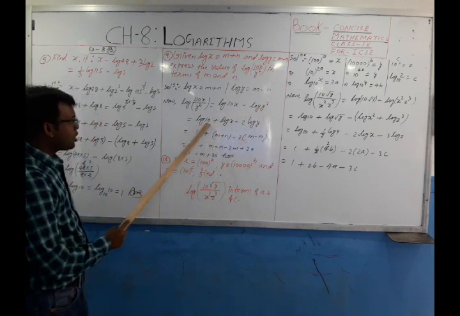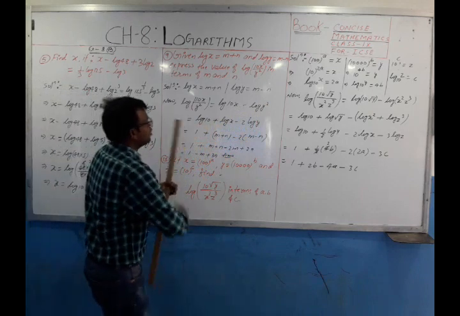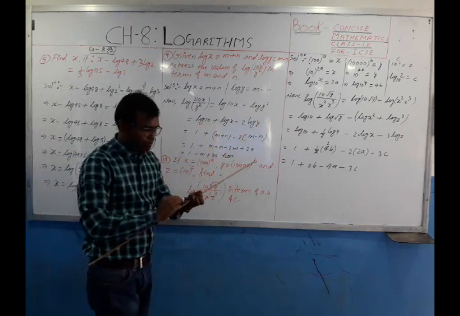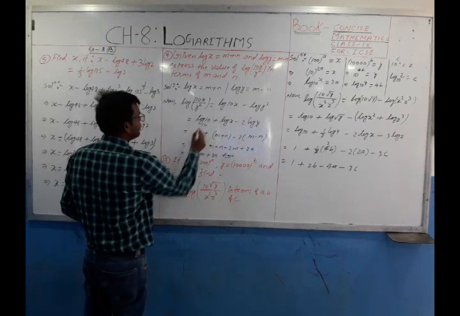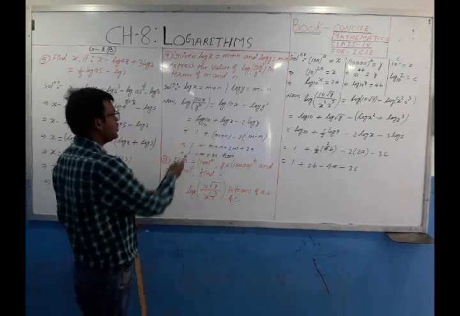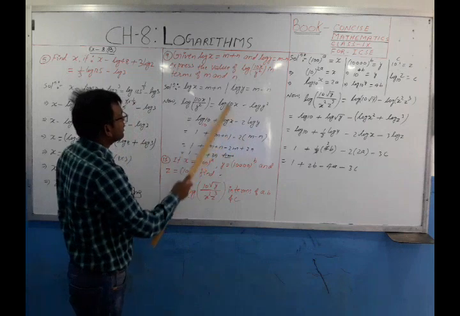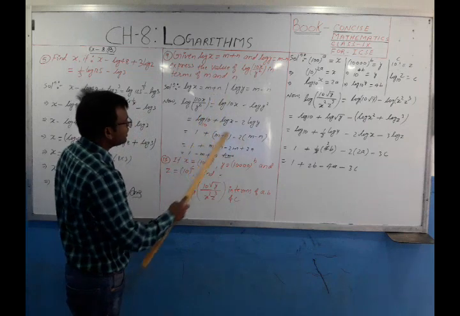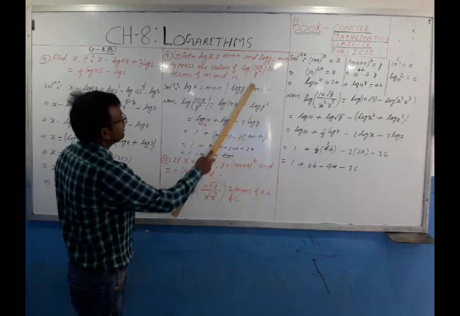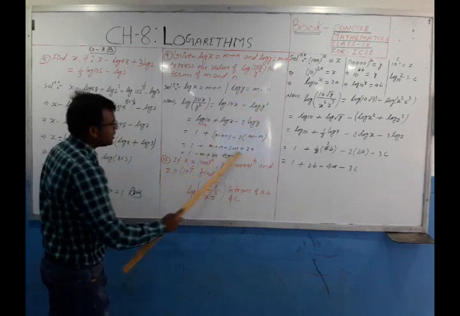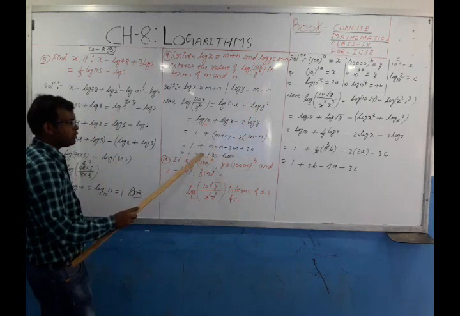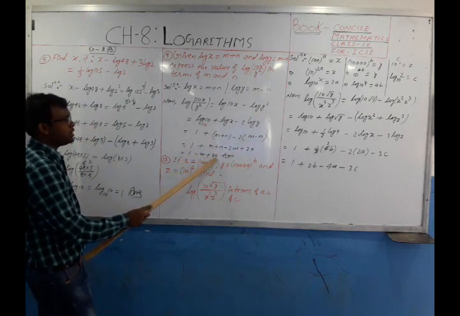Log 10 has no base, so you may write base 10. So log base 10 of 10 is equal to 1, log x is equal to m plus n, and 2 times log y, where log y is equal to m minus n. Just simplify this one, and after simplifying you will get 1 minus n plus 3n.